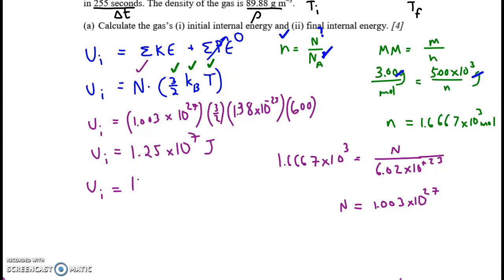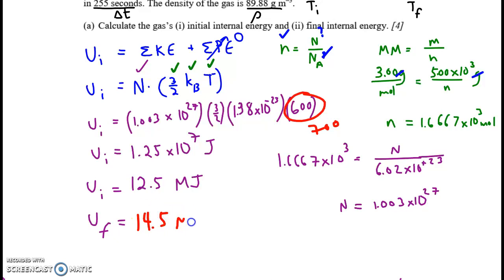But we could write that if we wanted. I could take one of these powers of 10 and multiply by the 1.25. And now I would have 6 powers of 10 remaining. And 10 to the 6 is mega. So megajoules. I do the same thing for the final internal energy. Instead of using the initial temperature, I use the final, which is 700 Kelvin. And what do we get? 14.5 megajoules. And I'm rounding here.